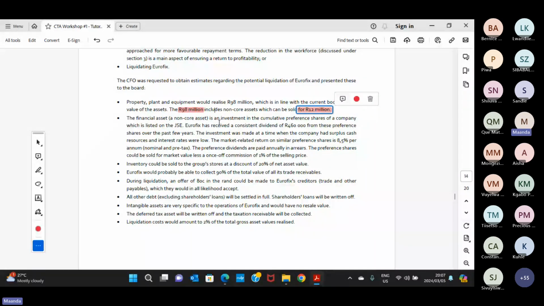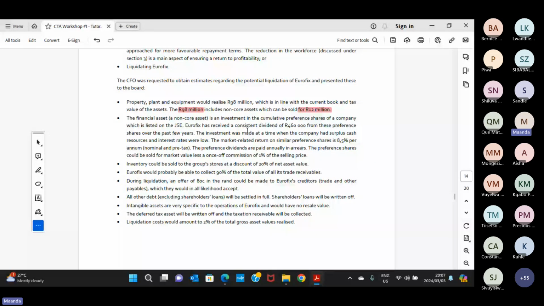Then another asset that I'm also going to sell is the financial asset, an investment in the cumulative preference shares of a company which is listed on the JSE. Eurofix has received consistent dividends. So remember that because the dividend is consistent, we can value the preference shares by dividing our dividends by the return to get the value of the preference share.